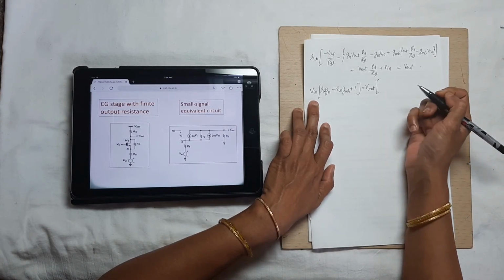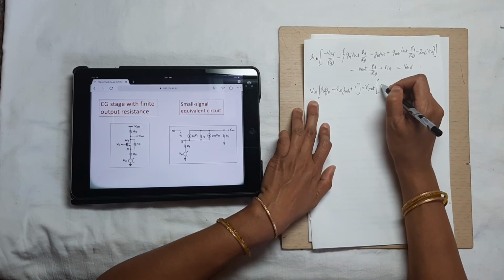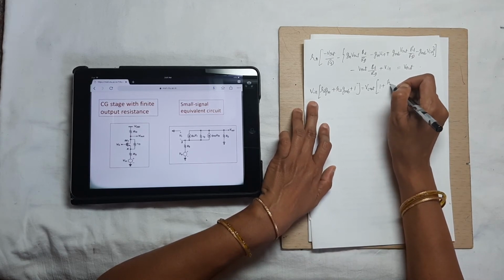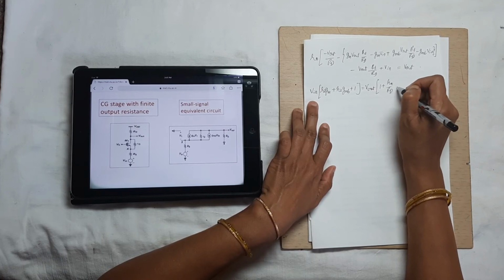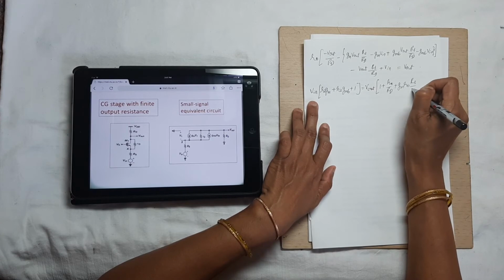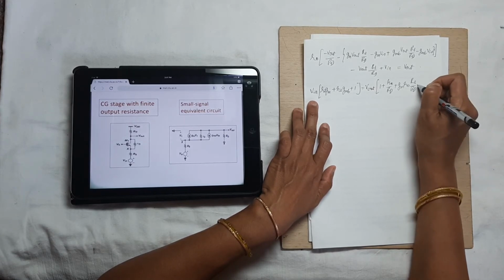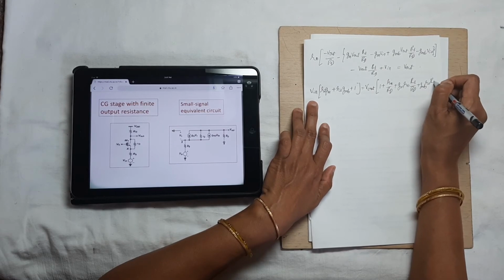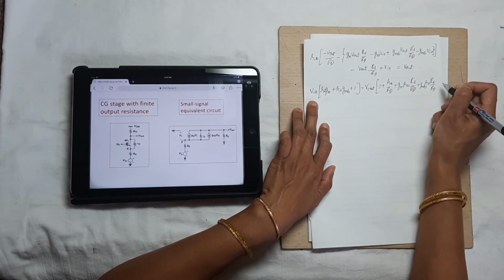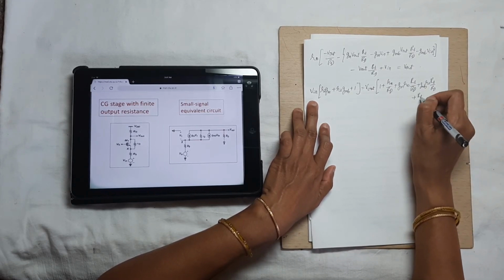Take all V out terms with V out as common: 1 plus RO by RD, plus GM RO RS by RD plus GMB RO RS by RD plus RS by RD.